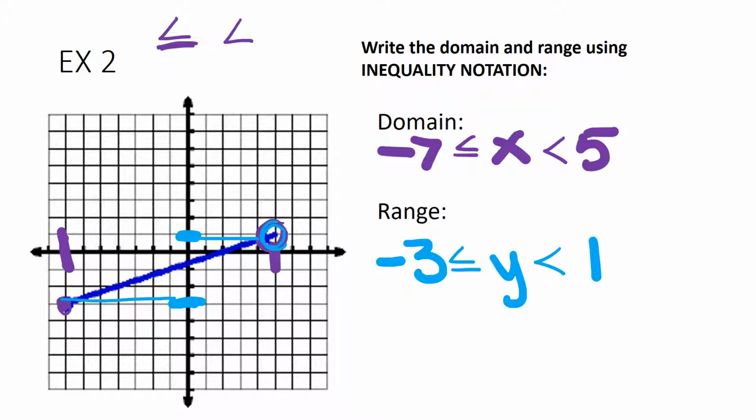So my two inequalities: for my domain, -7 is less than or equal to x, which is less than 5, and my range, -3 is less than or equal to y, which is less than 1. Hopefully the inequality notation is making sense. We're just using and compound inequalities, where our variable is in between those two symbols.